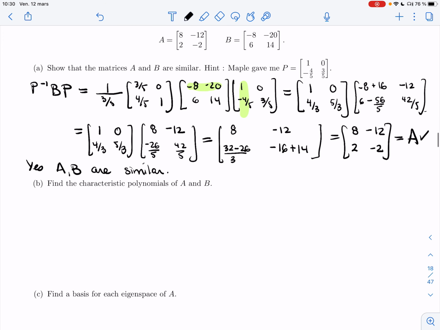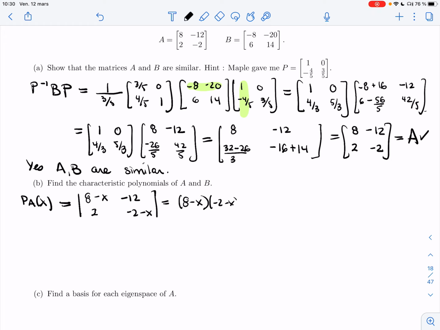All right, I want to find the characteristic polynomials of A and B. Let's do A first. That's 8 minus x, -12, 2, -2 minus x. So that gives me 8 minus x times -2 minus x plus 24.